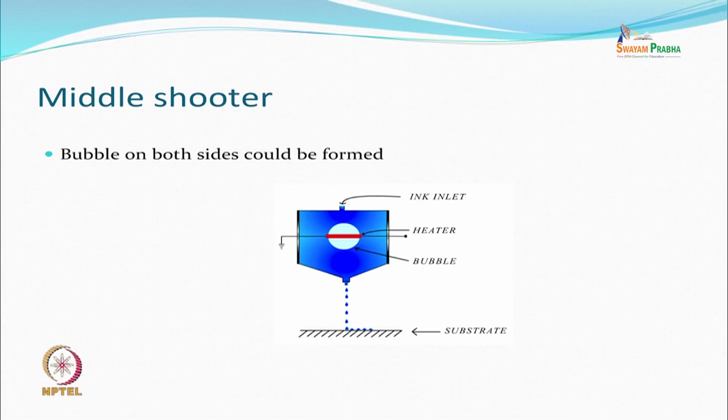So suspended heaters are also there. Suspended means that the ink is on both sides, and you apply a field and suddenly there will be bubbles, and one can get the same effect. So here, what are we controlling?